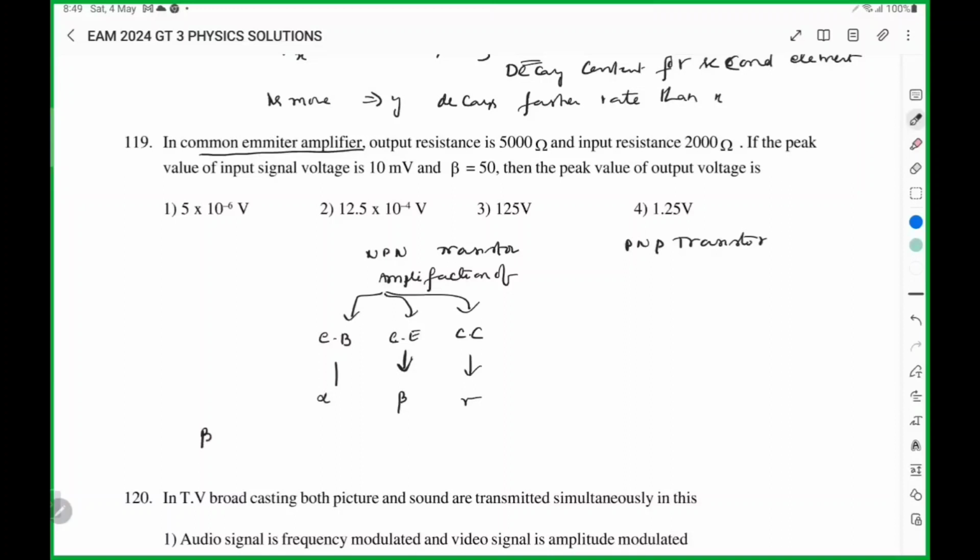So basically, amplification means output current by input current. Here you have voltage amplification.